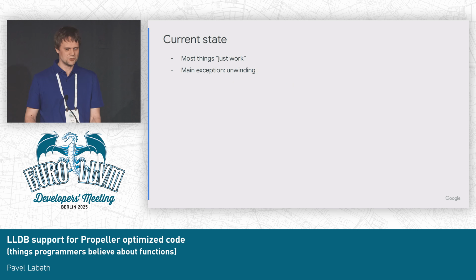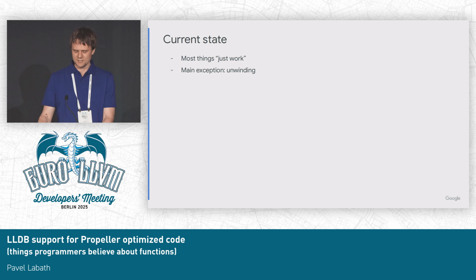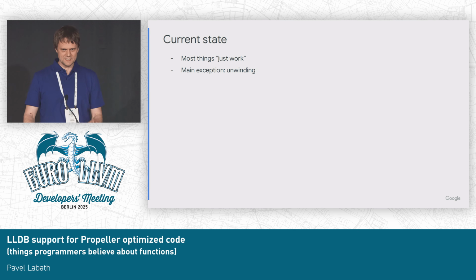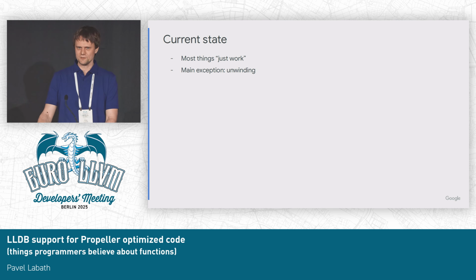Now I'm sure you're wondering, what's the current state of the project? Most things should just work. Most of the APIs inside LLDB have been updated to handle these situations. The main exception is the unwinding code. I'm still in the process of fixing that, and it's taking a while because it suffers from basically all of the problems that I've mentioned so far.